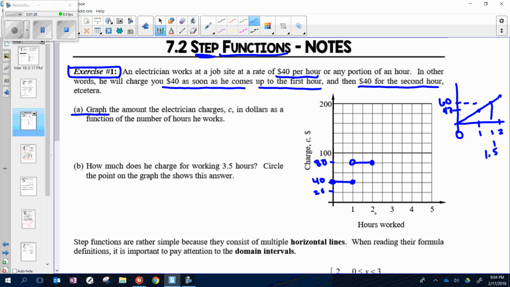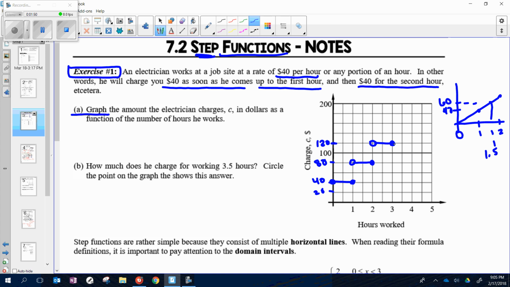If he goes over 2 hours into the third hour, you'll jump up to $120. You'll pay $120 for that next hour. If you notice, I'm struggling with these endpoints, and we'll talk about this in just a minute. After that, another hour.